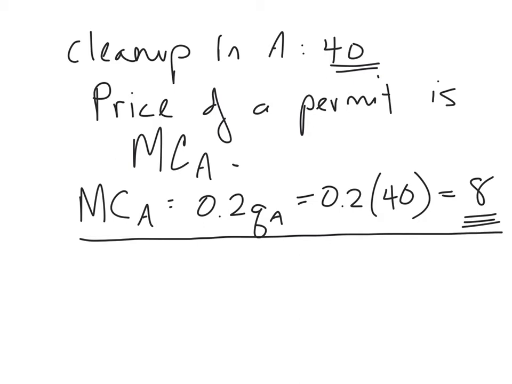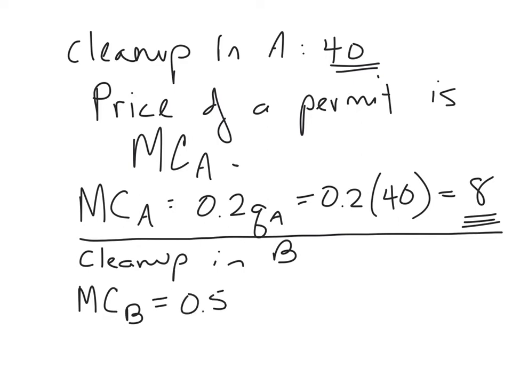All right, and then cleanup in B. The logic is exactly the same, only the circumstances are somewhat different. In country B, marginal costs are 0.5 QB, and the mandated cleanup in country B is 44, because they would emit 84 without any regulation, and their cap is at 40.